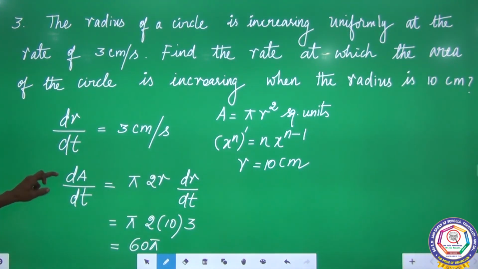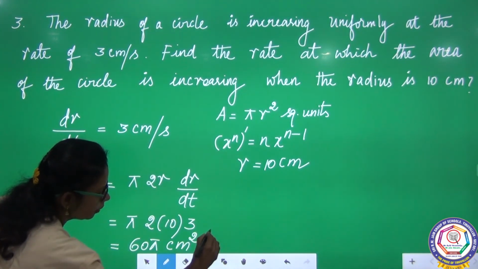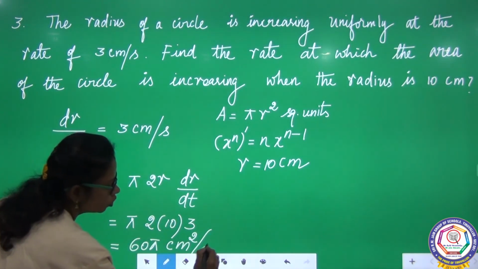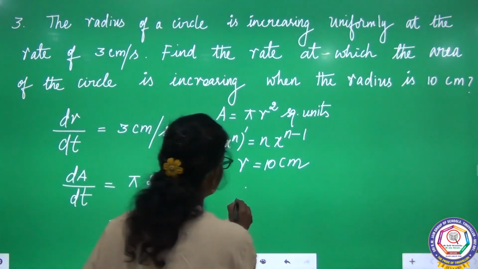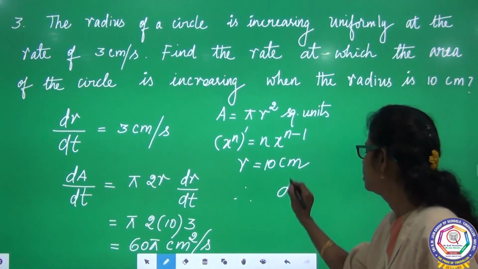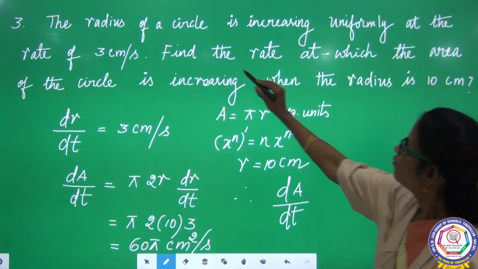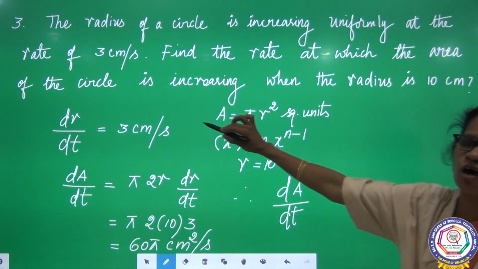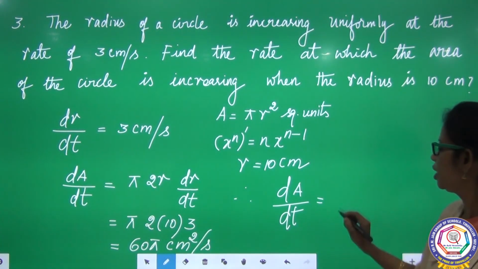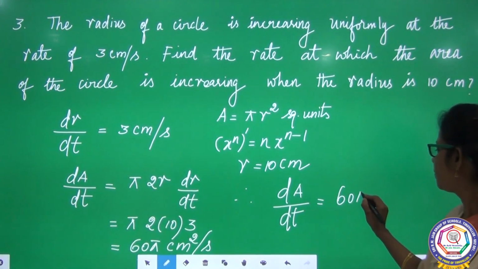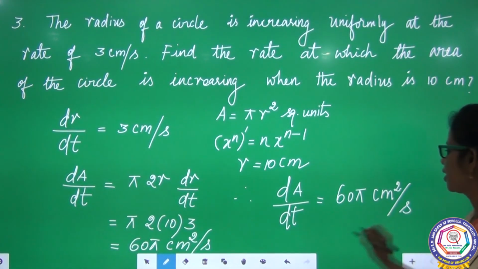One thing you have to listen carefully: area, so the unit is centimeter square per time, so per second, right? Therefore, dA by dt equal to, because find the rate at which the area of a circle, the rate means derivative, dA by dt equal to 60 pi centimeter square per second.